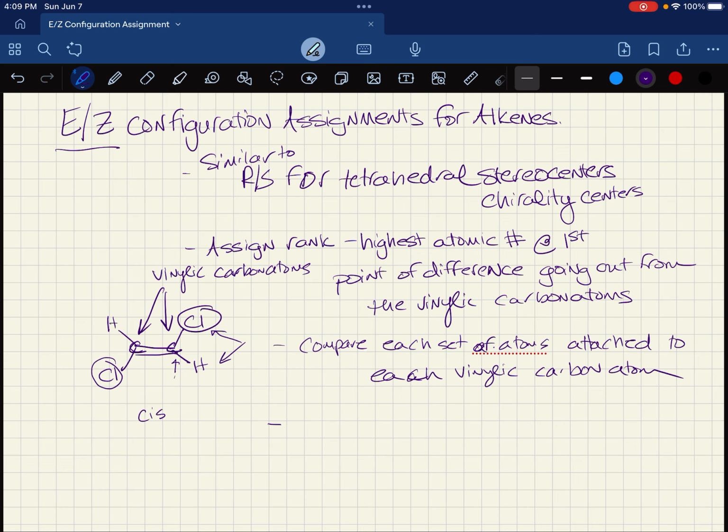The way we're going to assign E and Z: E stands for Entgegen, which I believe means opposite in German. I'm going to remember it as basically where the highest ranked groups are on either side of the pi bond.